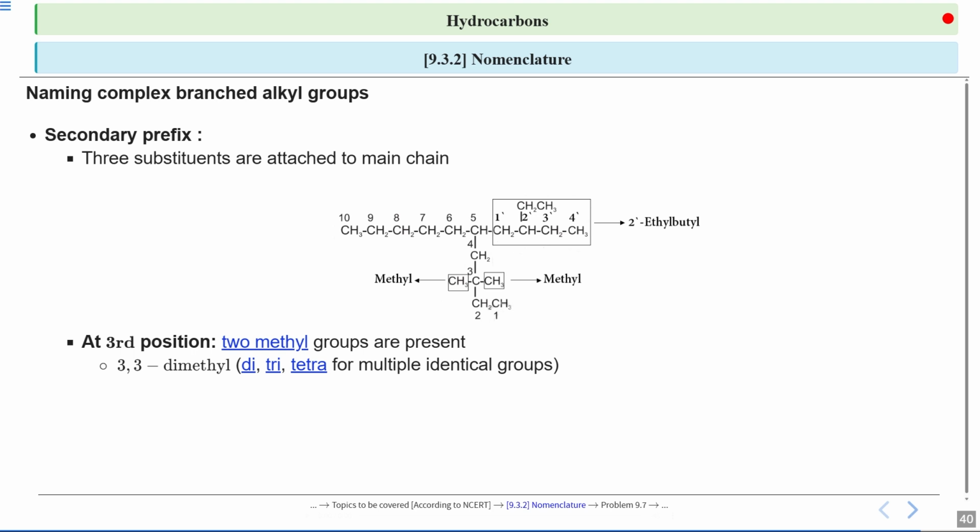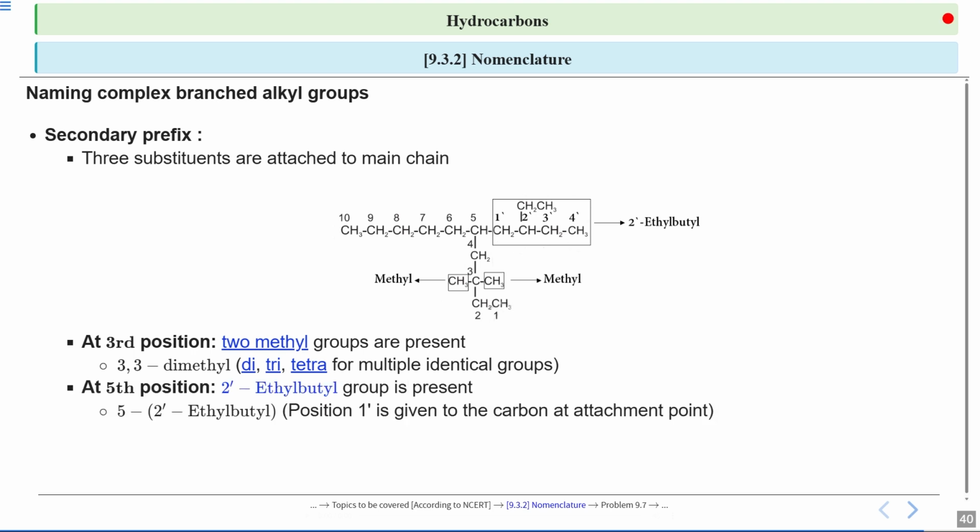Therefore, the complete name for the complex branching is 2-ethyl-butyl. At the third position, we have 2 methyl groups, so 3,3-dimethyl. At the fifth position, we have this 2-ethyl-butyl. Therefore, 5-(2-ethyl-butyl). So 5 is denoting the position of this complex branch, and 2-ethyl-butyl is denoting the branches of the complex branching.